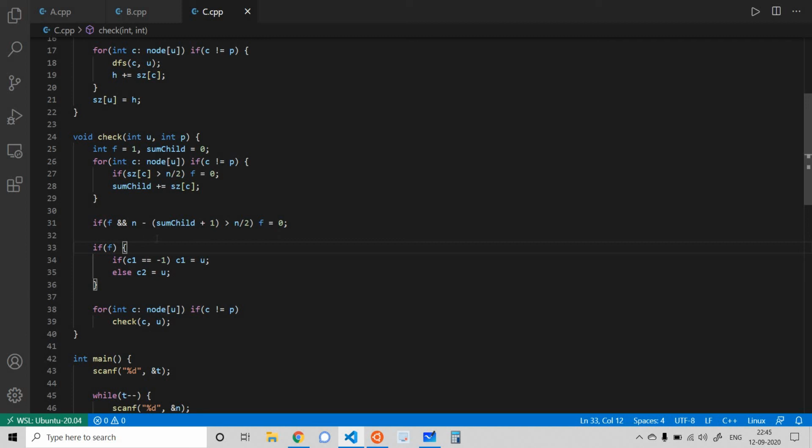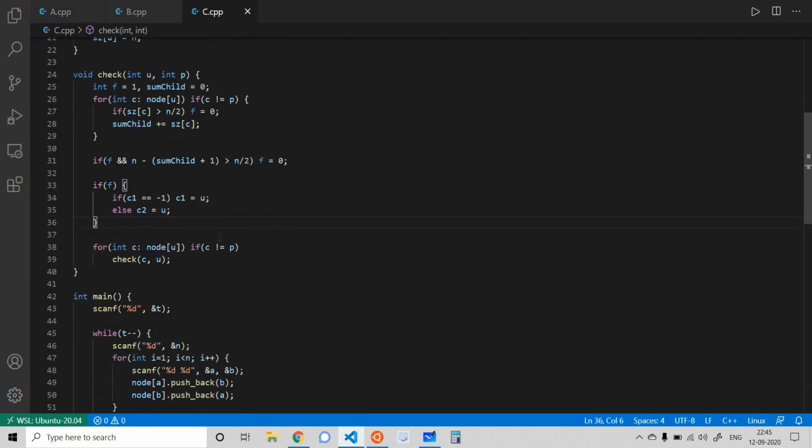And even then after checking all these things, if I see f is still 1, then this would be my centroid. If I see that c1 is equal to -1, it means at this point I still haven't found the first centroid, so I'm setting up my first centroid. Otherwise my first centroid has been found, so I'm updating the second centroid. And yes, then I'm doing the same processing to its children.